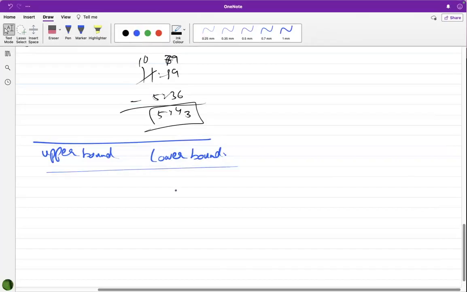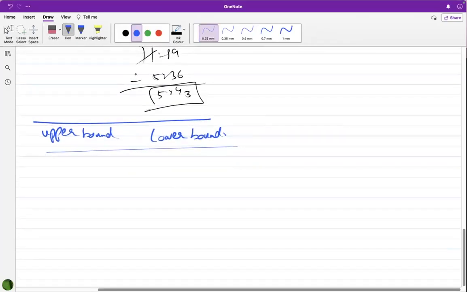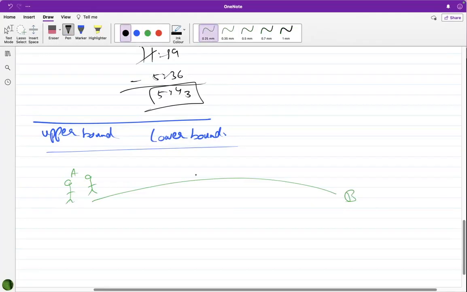Now, how do we do this? For example, someone asks me, we are standing at position A, and they ask me how far is place B from A? And I tell them that it is about 6,000 meters, or about 6 kilometers. And they say, are you sure? Is it exact?